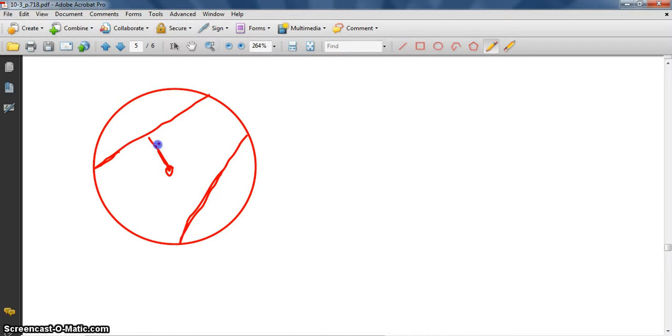Perpendicular here, so that represents the distance from the center to the chord. And we're given that that distance is the same.